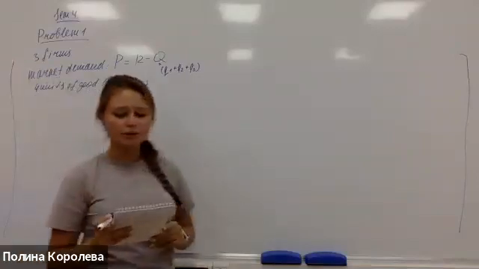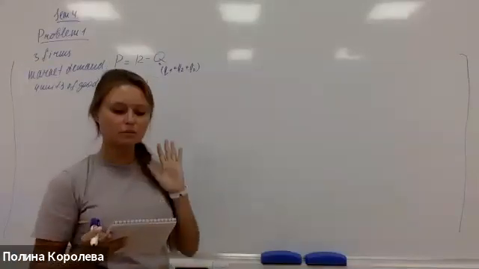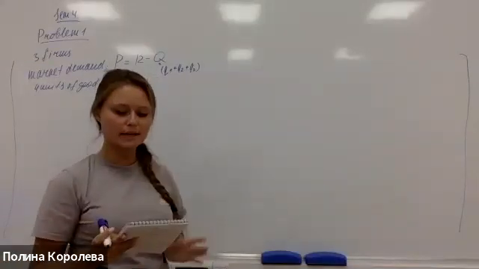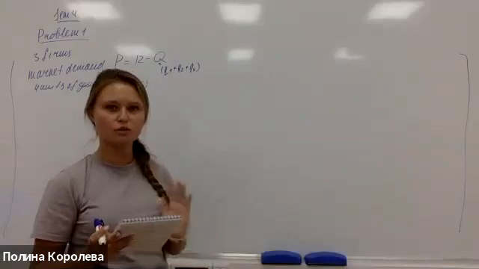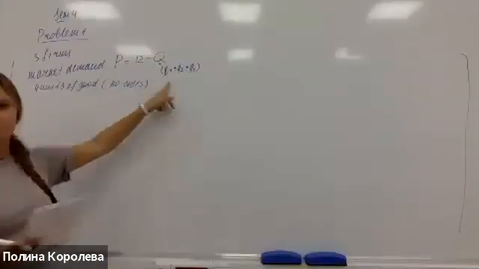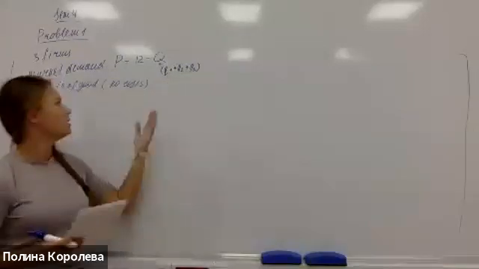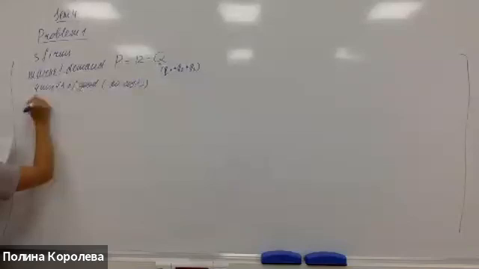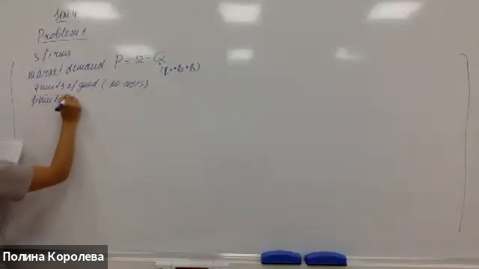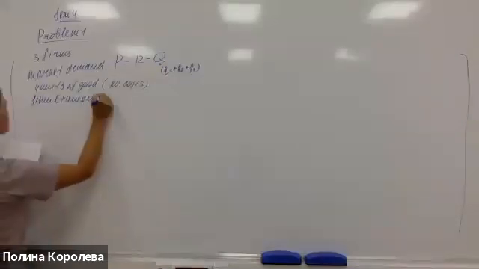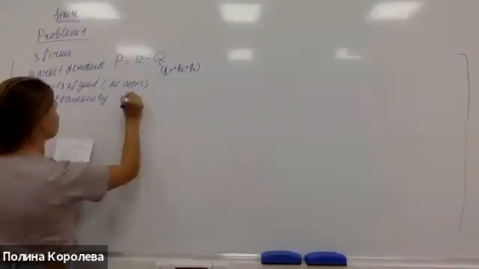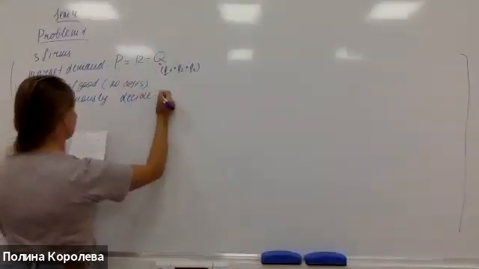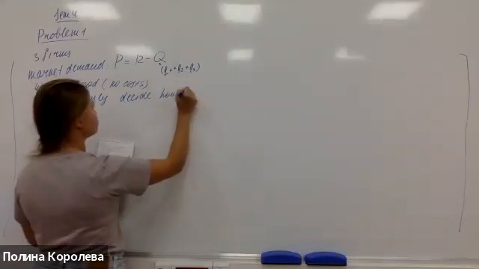And what will they do? They simultaneously decide how much to sell. So they simultaneously choose the quantity that they will produce. Let's write down: simultaneously decide how much to sell.